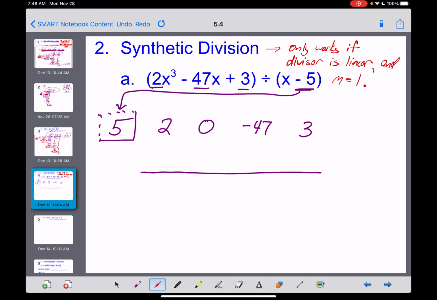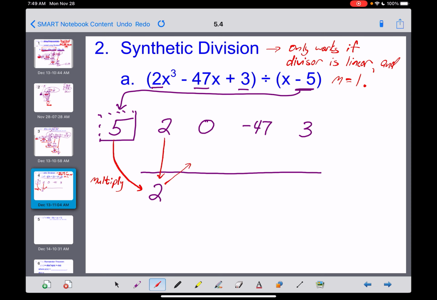And now here's where we begin the process of synthetic division. First step is really easy. Whatever this number is here, we're going to bring it straight down to the bottom, and we'll put that 2 right there. Now, here's where we start to do some fun stuff. We are going to multiply the number that's in the box by this number down here on the bottom. The 5 times 2 is going to give us a 10.